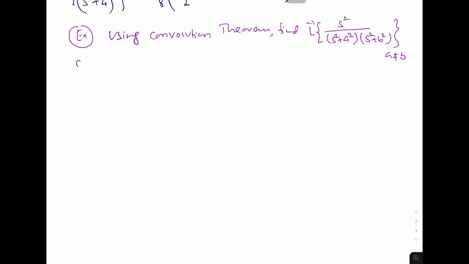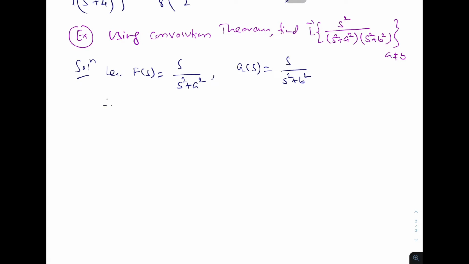So let us do like this. Let F(s) is equal to s over s square plus a square, and G(s) is equal to s over s square plus b square.